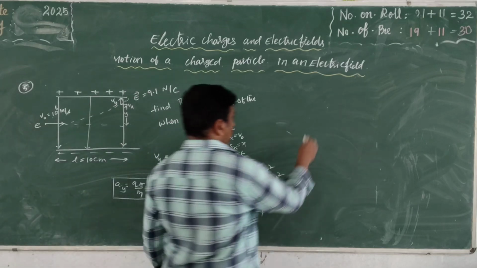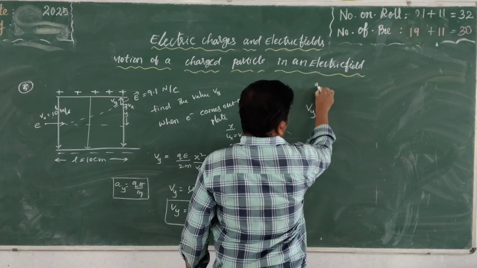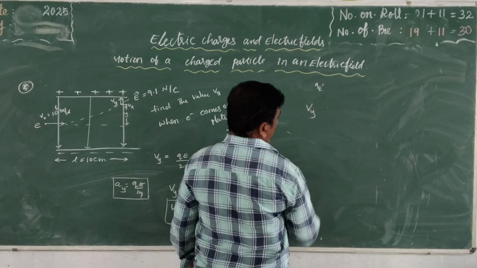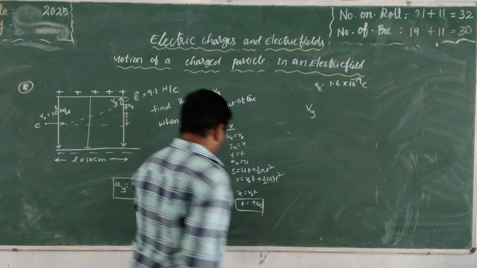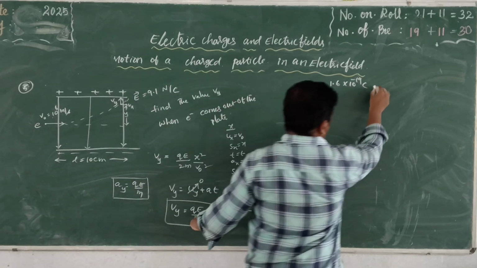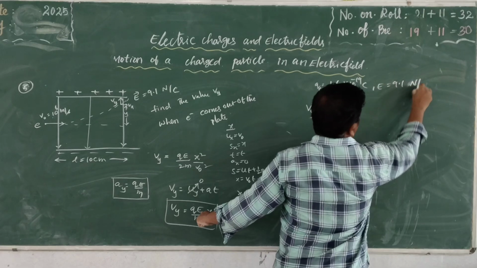What is the q value? Q is the charge on the electron, 1.6 into 10 power minus 19 coulomb. Next, the E value, the electric field, is given as 9.1 newton per coulomb.